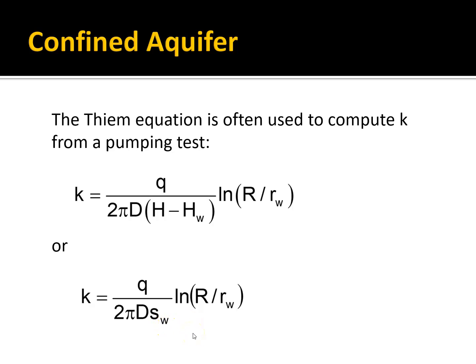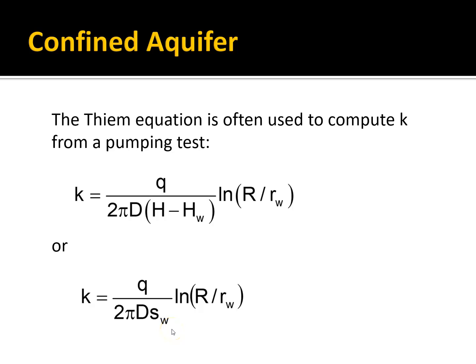The way this works is, you take a well in a confined aquifer, estimate the radius of influence, and then pump it at a known pumping rate for a given period of time until it settles into equilibrium or steady state conditions.